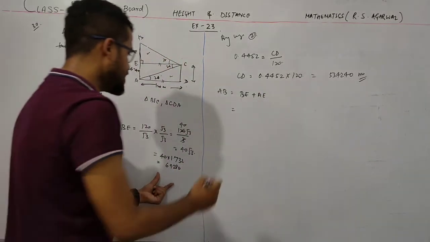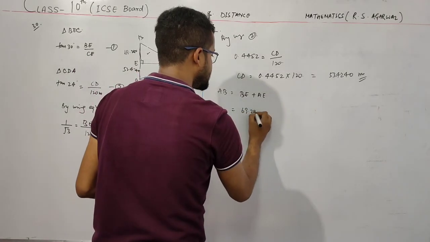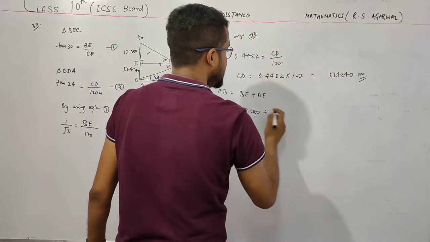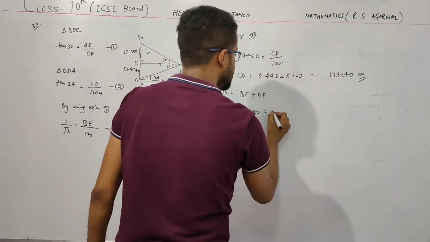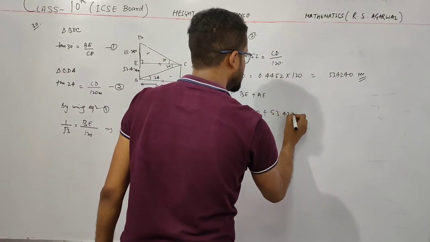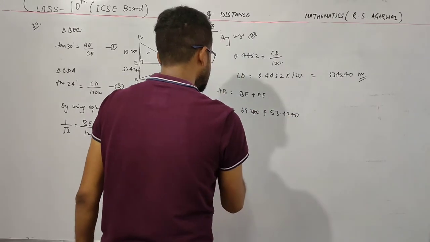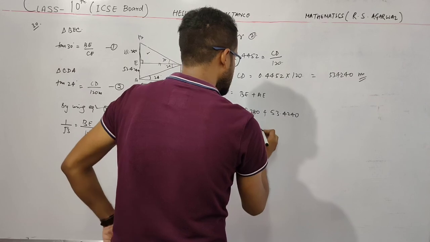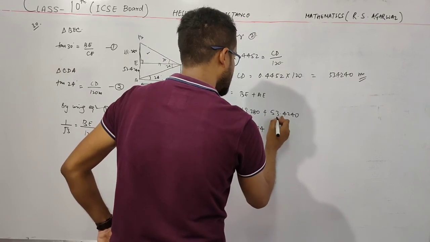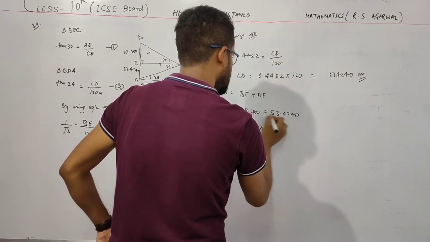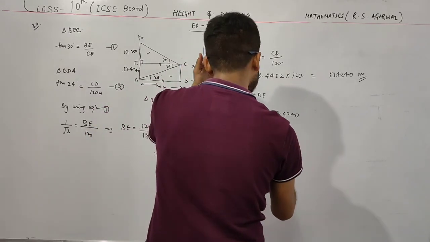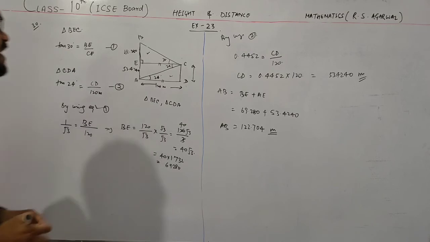BE is 69.280 plus CD is equal to AE, which is 53.4240. So this is AB, 122.704 meter. This is your answer.